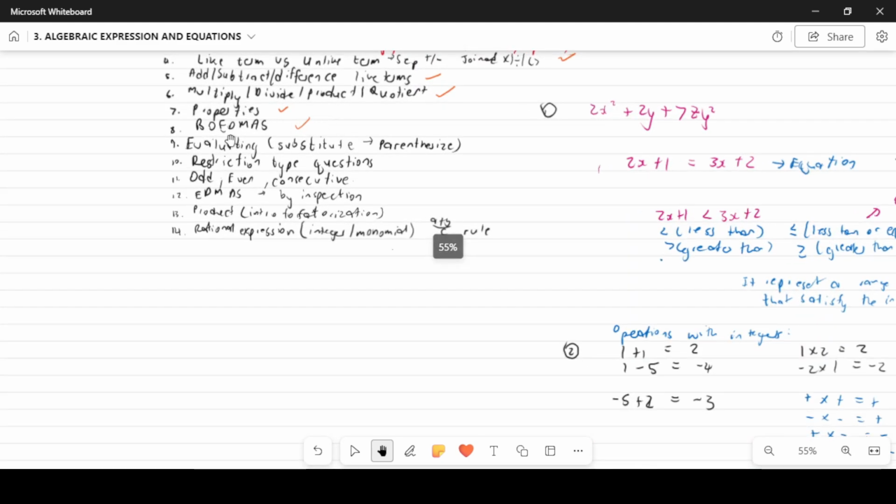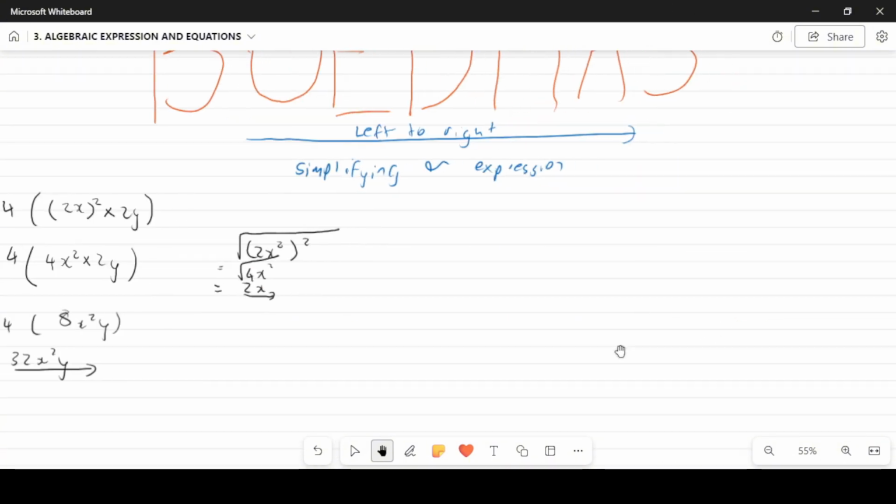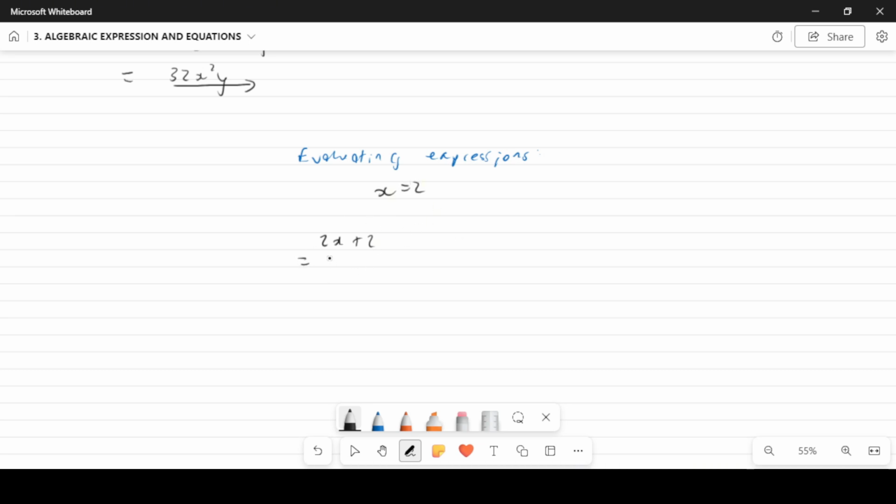Lastly, in this section, we're going to talk about evaluating expressions. It's not a difficult one. So write this down, evaluating expressions. If you're given 2x plus 2 and they tell you that x is equal to 2, how do you evaluate this? Simple.